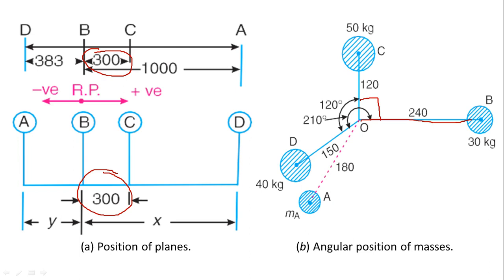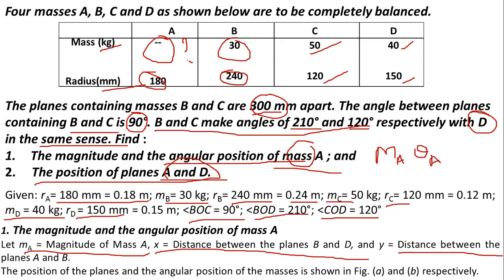So the selection of the reference plane is very important here. How will you take the reference plane? Anyone tell me, ABCD is there, which plane will you take? From distance from A. If you take it from A, what will happen?